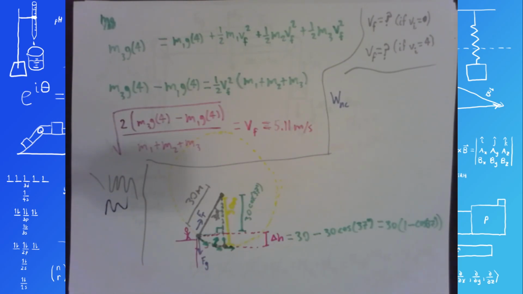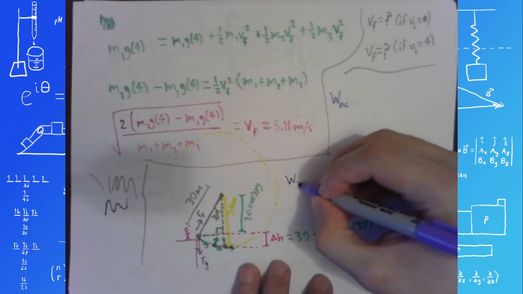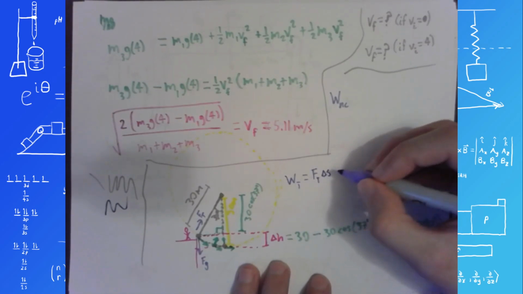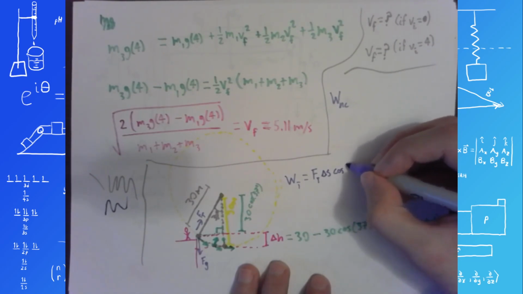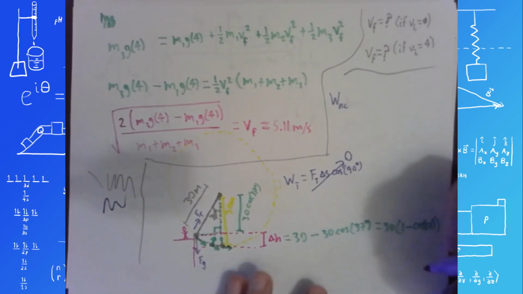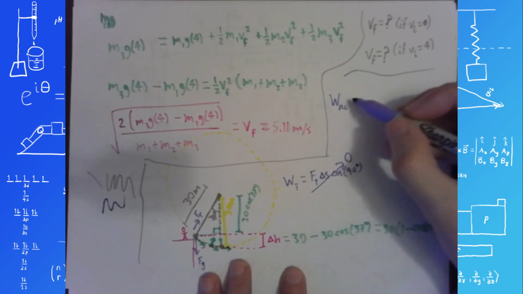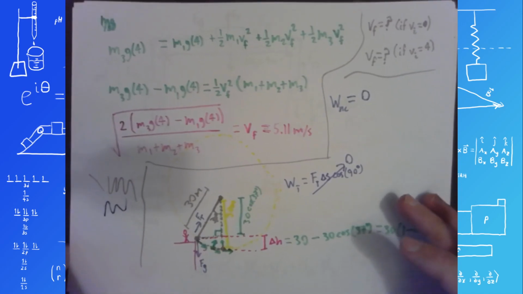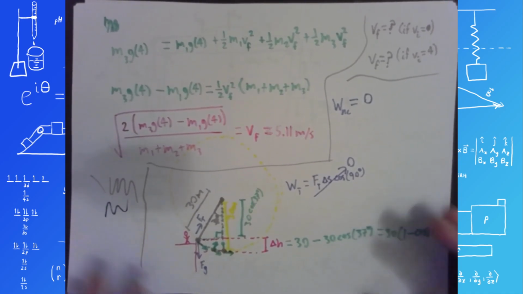And if the force and displacement are in directions perpendicular to each other, well then, work done by tension equals force of tension times, I'll call the displacement delta S, times cosine of 90 degrees. Cosine of 90 gives us a 0. So there we go. Our non-conservative work is 0 because the one and only non-conservative force we have here does no work due to being at a 90-degree angle to the displacement at all times.